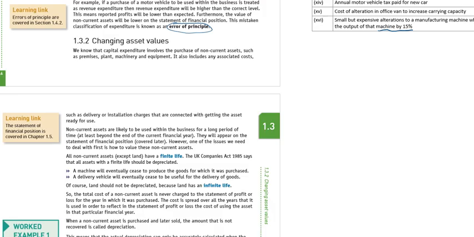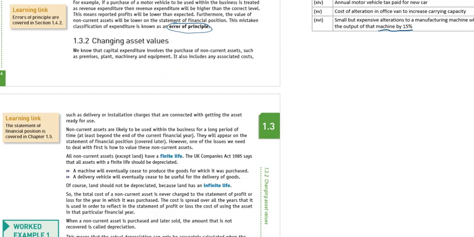There will be a lot of expenditure, a lot of costs which will be part of the non-current asset, and this expenditure means we capitalize it. Capitalization means we consider these expenses to be part of a particular asset.